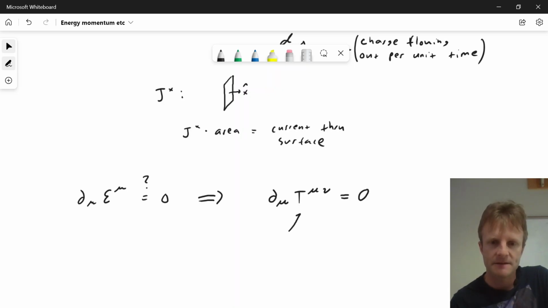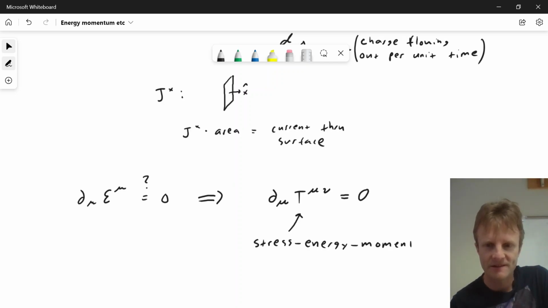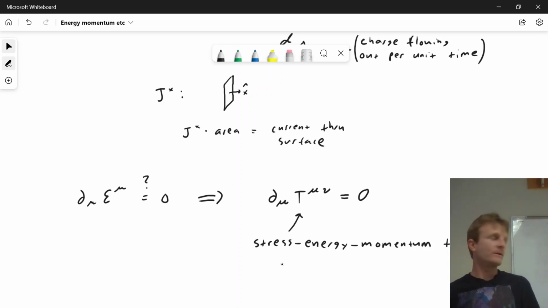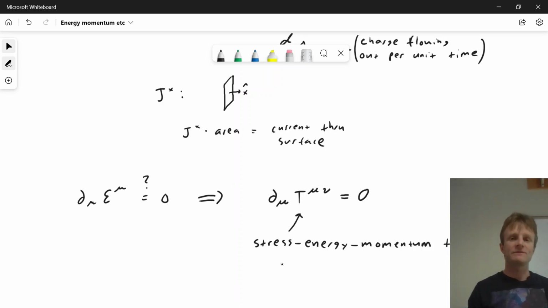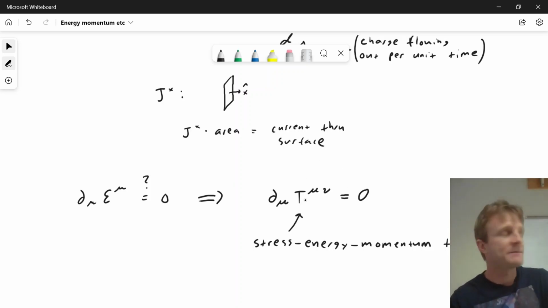And this T is called the stress energy momentum tensor, because it's going to have all those things in it. Usually we shorten it and just say stress energy tensor or stress tensor, and I'll probably say all of those things. I'll probably never say stress energy momentum tensor after today. But the claim is this encodes all of the conservation laws.